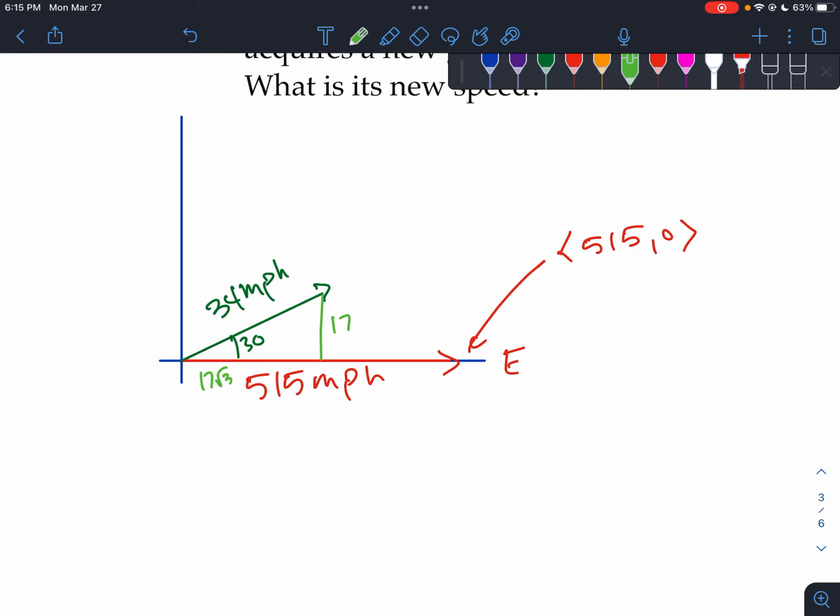So this component vector would be (17 square root of 3, 17). I put way too many commas there. So those are the two component vectors that we have.